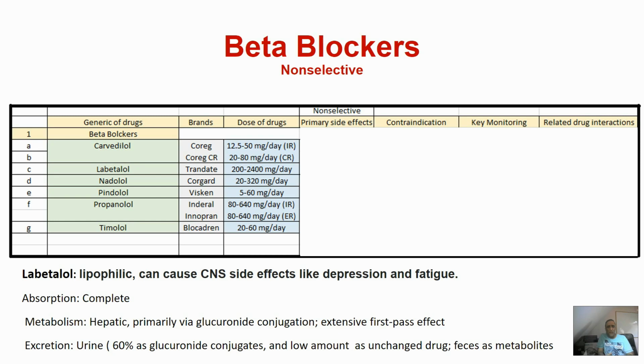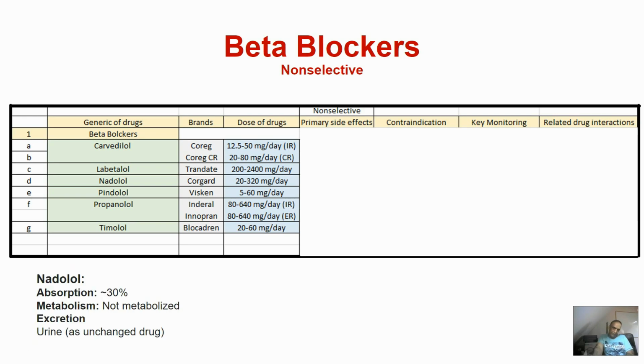We need a dose of around 200 to 2,400 milligrams per day because of the high first pass effect and metabolism. Excretion is in urine, 60% as glucuronide conjugate, and a low amount as unchanged drug, because it is absorbed completely, and also some through bile secretion.